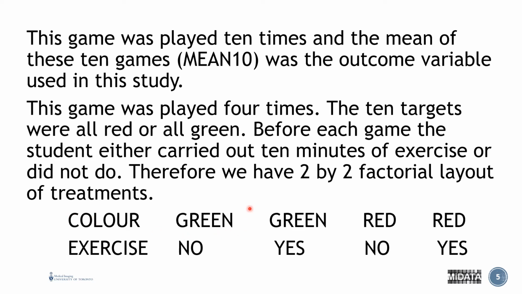So by color, you have green and red, but within green, you'd have no exercise before, yes exercise before, and within red, you'd have no exercise and yes exercise before they would play the game.